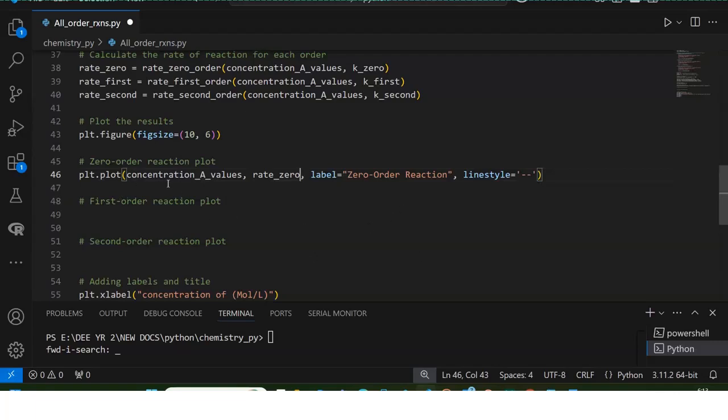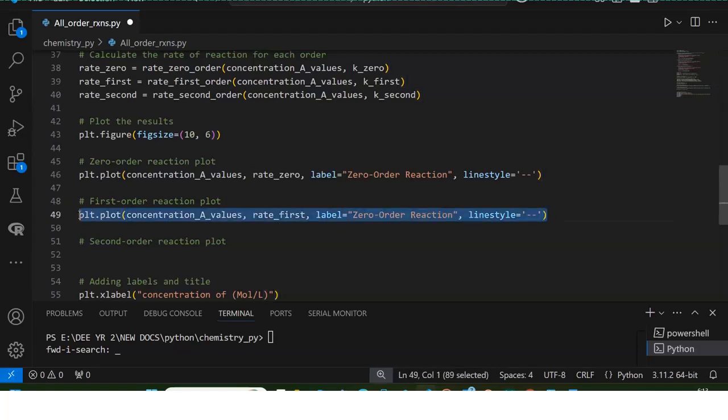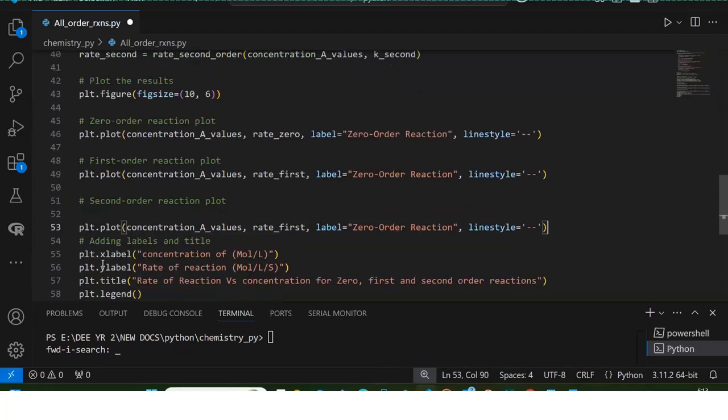So plot concentration A values, which is on the x-axis, then rate 0, which is on the y-axis. Then we do the same for the first order, so here we put rate first because that's what the function up there says. Then we do the same for the second plot and we say rate second.